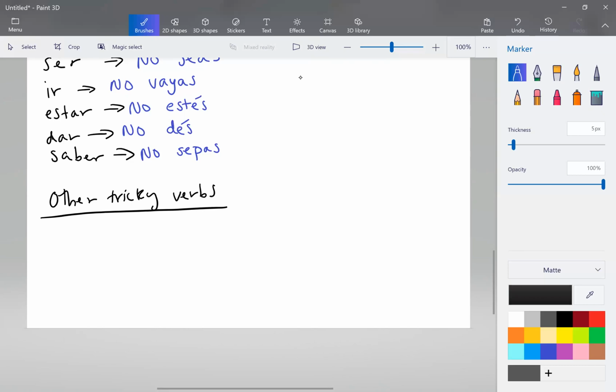Like types of verbs? Reflexive verbs. So that's something to pay attention to. And the pronoun would go before because it's negative.